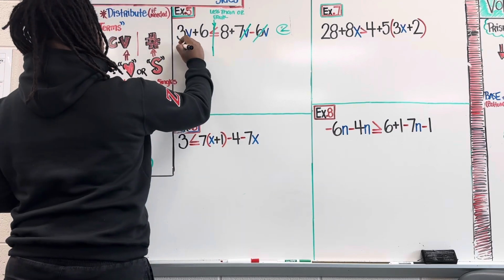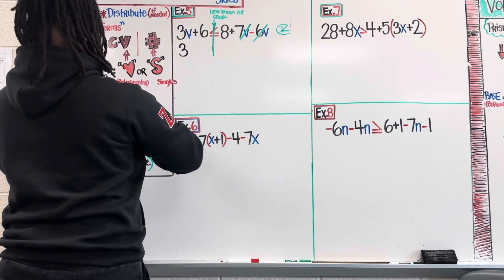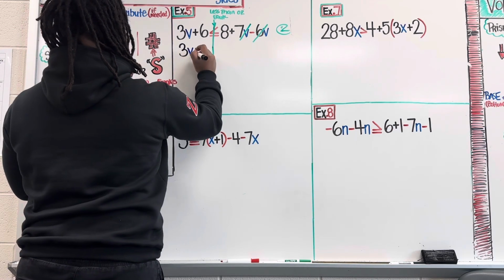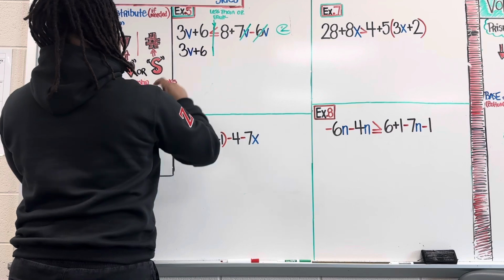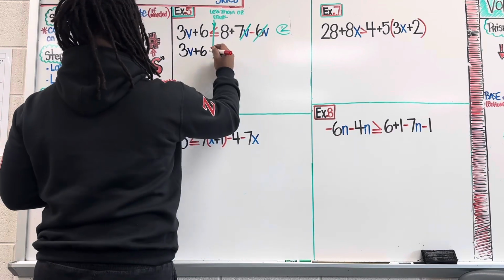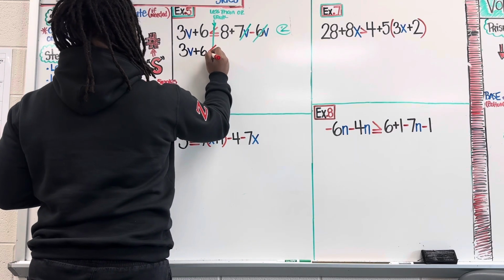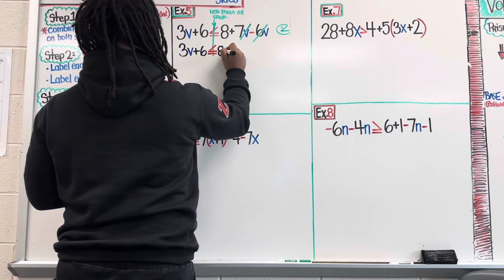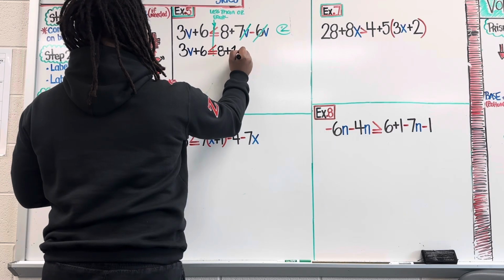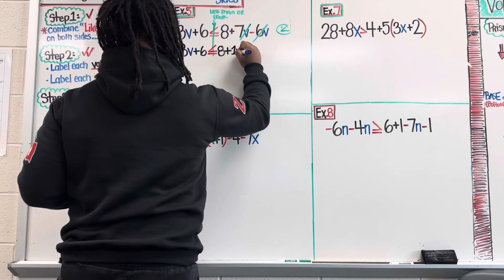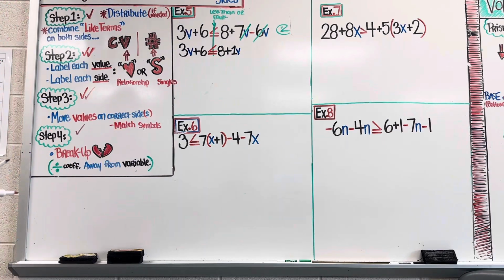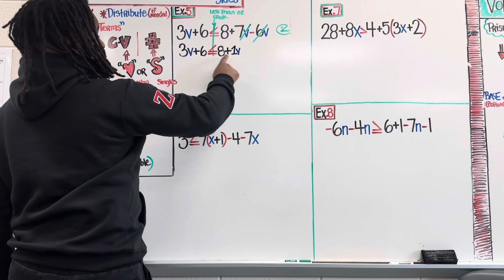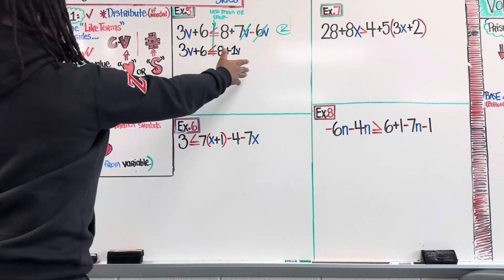Now I have 3v plus 6 is less than or equal to 8 plus 1v, or v. I'm gonna put a 1 so we know what that means, or you could just put v. So once again, 7v minus 6v equals 1v, so I have 8 plus 1v on the right side.